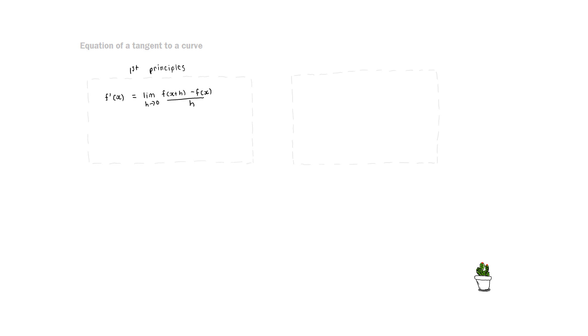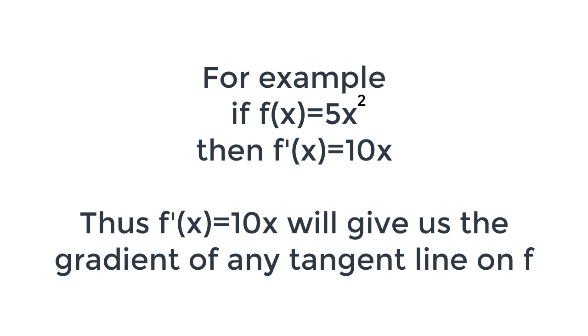So when we get this output, we get a general formula that can give us the gradient of any tangent line. We can just substitute any x value into the place of x and calculate the gradient at any point on the graph, so long as the graph is differentiable at that point.